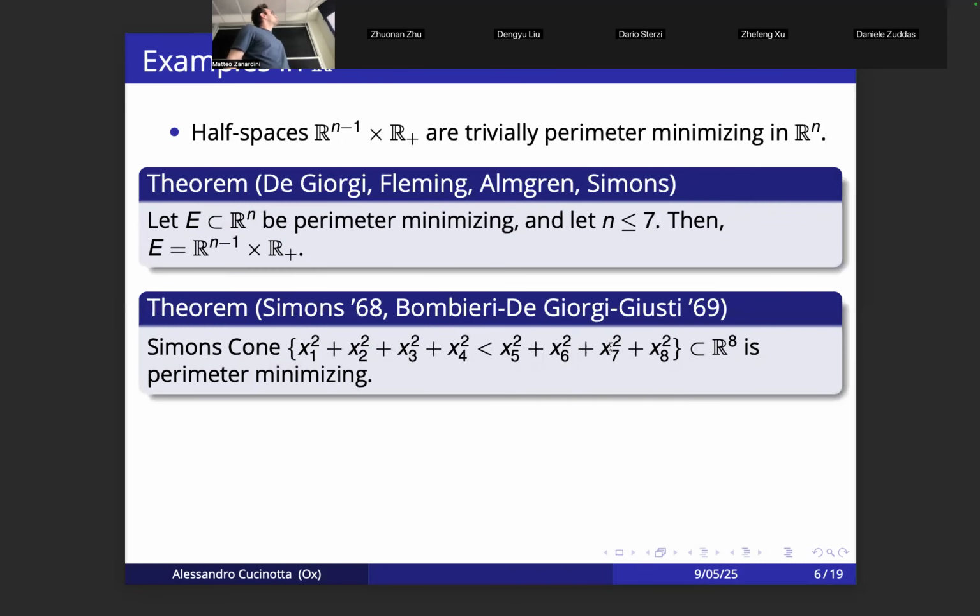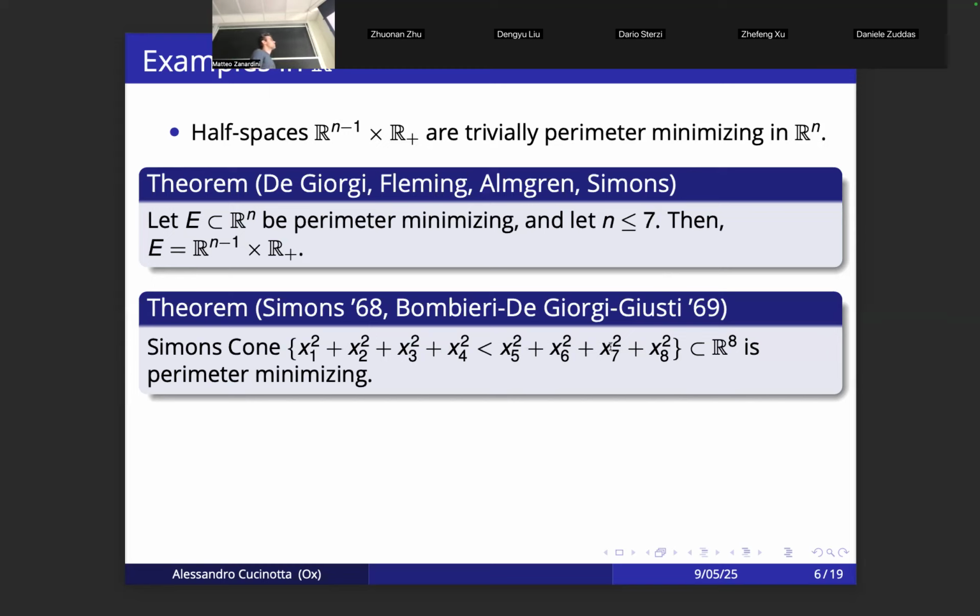To find the first non-trivial example, we have to go to R^8. As I was mentioning in the beginning, by work of De Giorgi, Fleming, Almgren, and Simons, in R^n with n less than or equal to 7, the only perimeter minimizing sets are half spaces. So we can't really find non-trivial examples there.